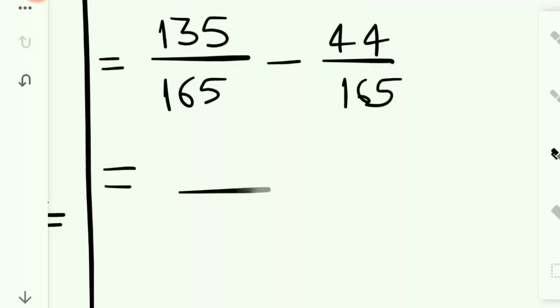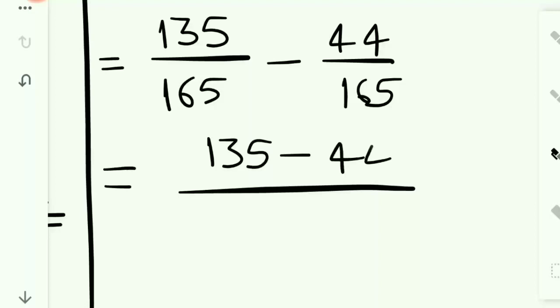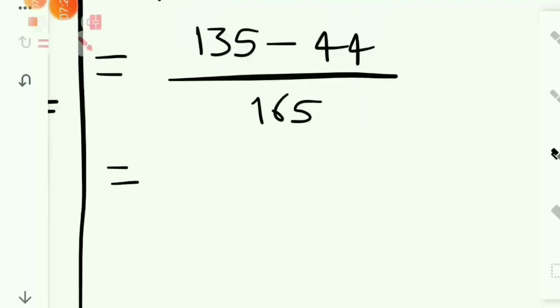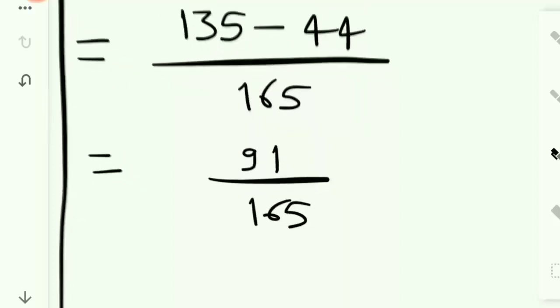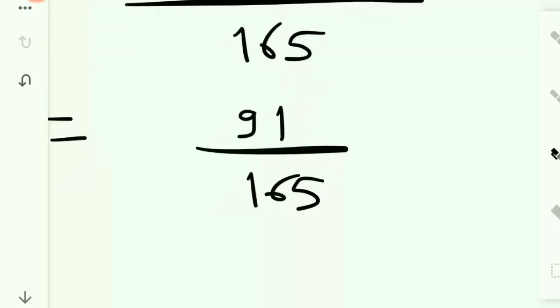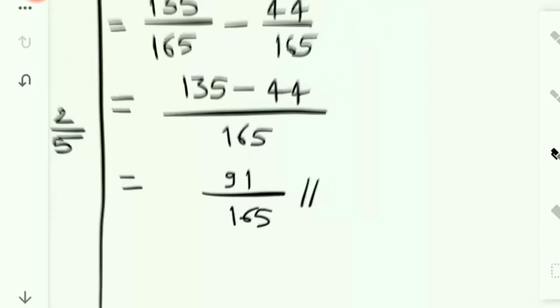In the next step, we can directly subtract the numerators. 135 minus 44 is 91 by 165. Again I see no common factor between numerator and denominator, so this is the answer.